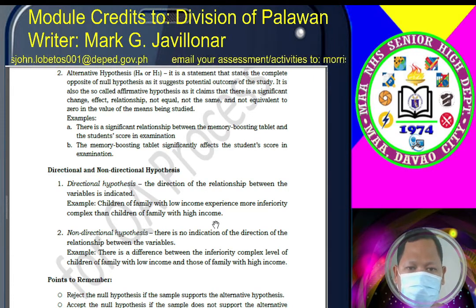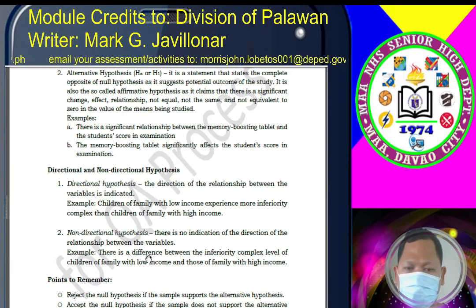Then number 2, non-directional hypothesis. There is no indication of direction of the relationship between the variables. Example, there is a difference between the inferiority complex of children of families with low income and those of families with high income. The difference here is that a non-directional hypothesis does not state the adjective more or less.